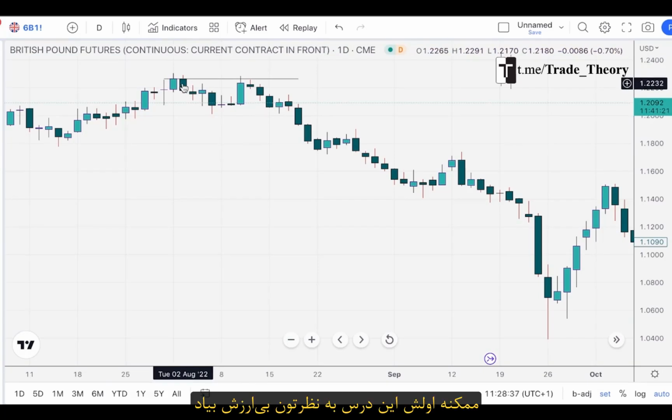You are not going to value this lesson, but this lesson is really important, because what this does is it lets you understand when equal lows or equal highs should not be taken out. Because you see, a lot of institutional traders think every equal high in the marketplace should be taken out, and every equal low in the marketplace should be taken out.